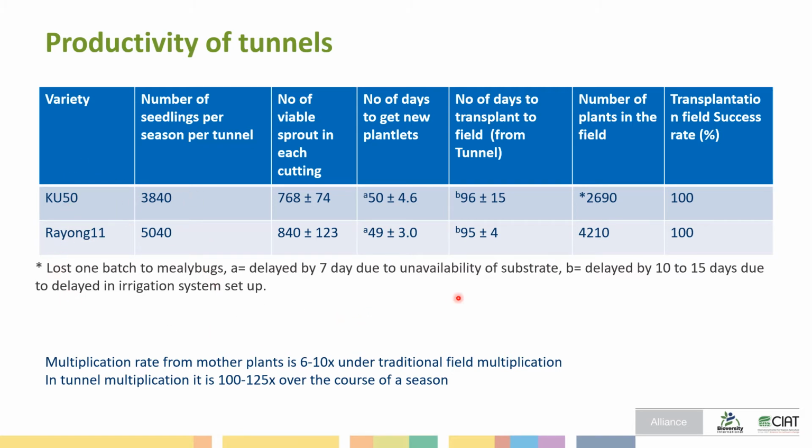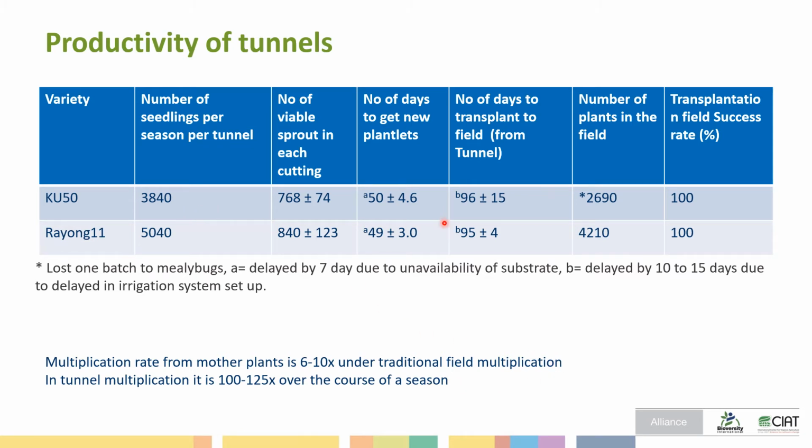I just put the data here to show how fast we can multiply from this tunnel system. In general, the multiplication rate is about 6 to 10 times, but with the tunnel system, it is 100 to 125 times.